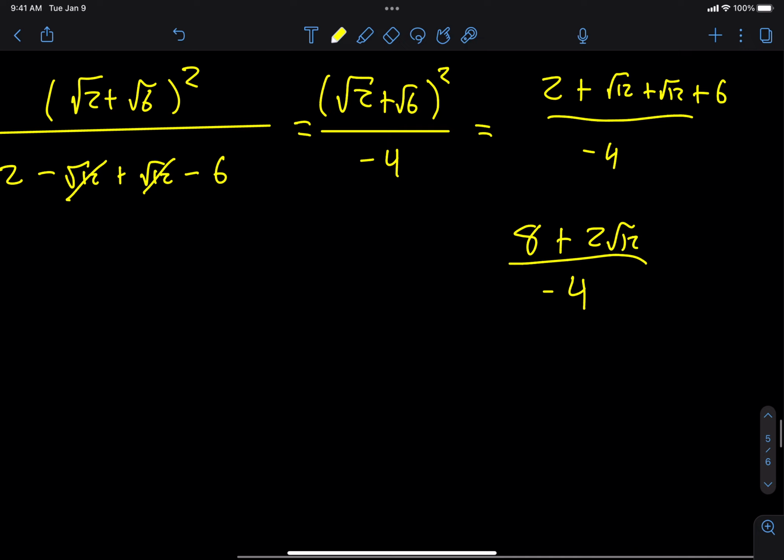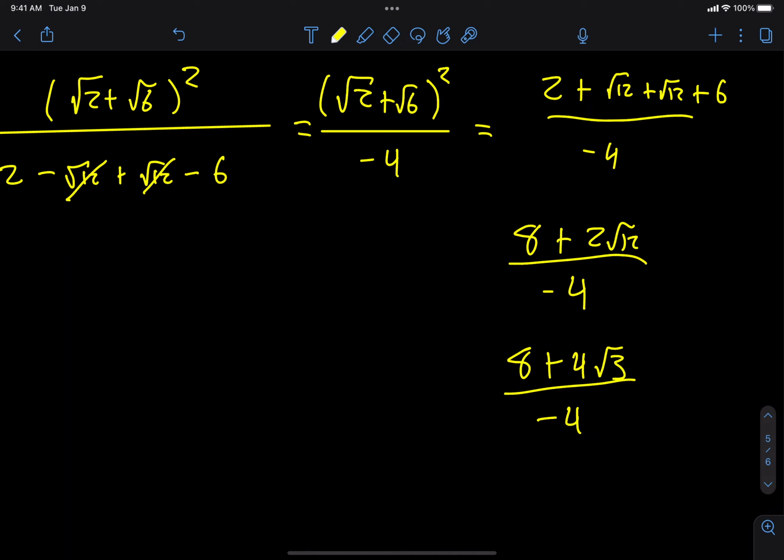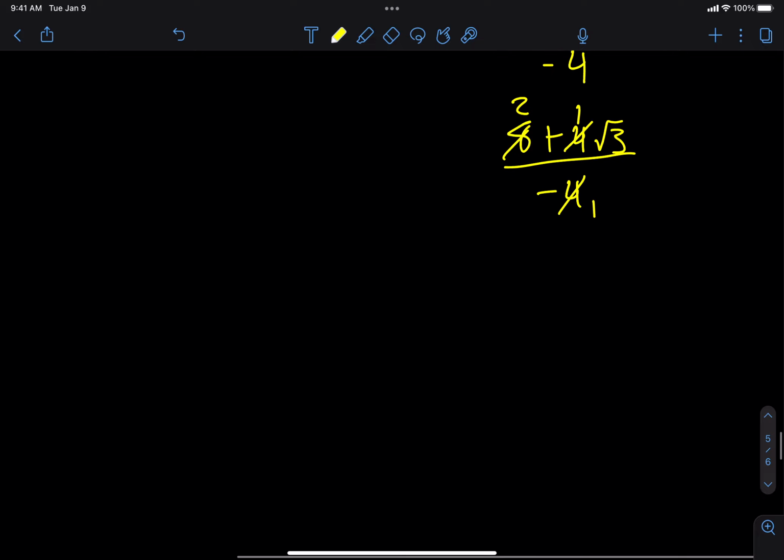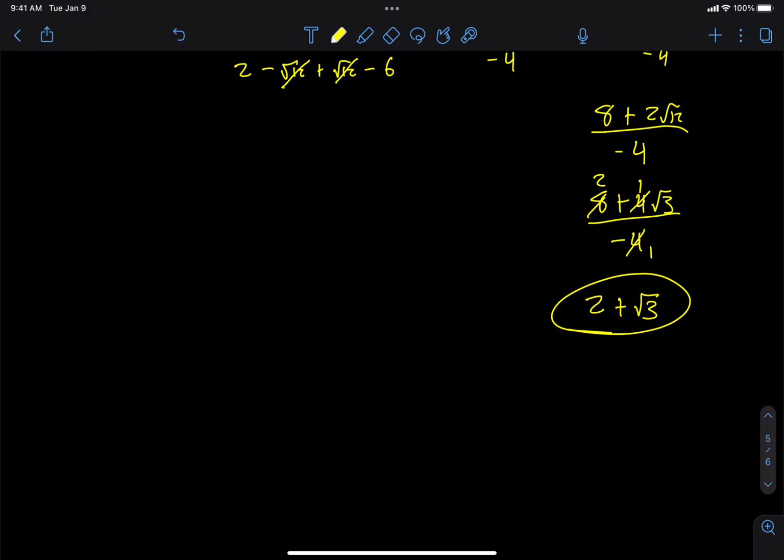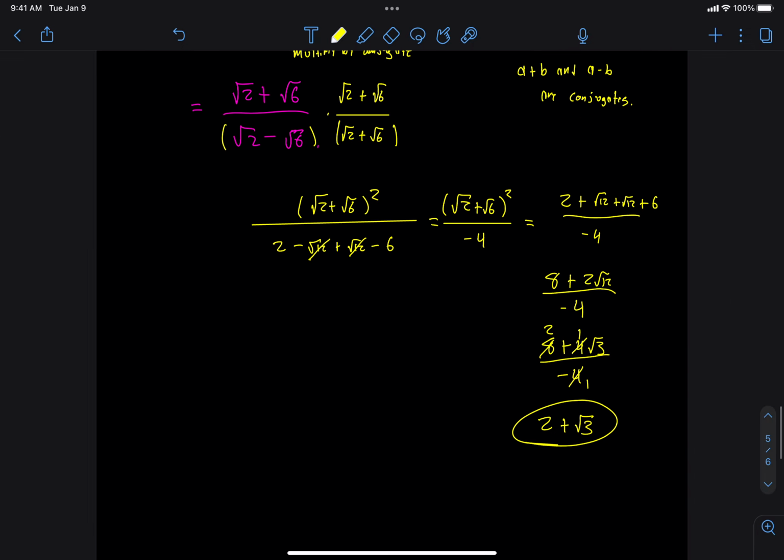And then 2 root 12 can become 4 root 3. So we get 8 plus 4 root 3 all over negative 4. Cancel 4, 4, 4. This becomes a 2, 1, and 1. And we're left with 2 plus the square root of 3.